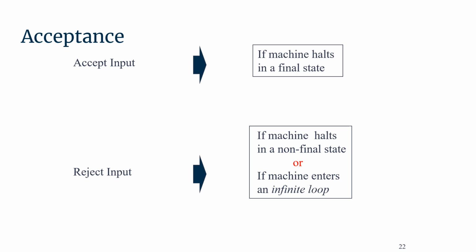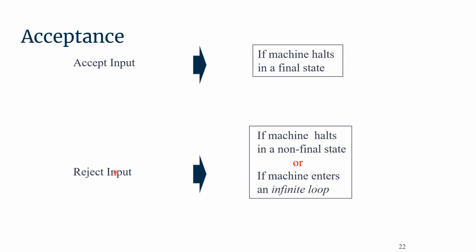Here we are reading about acceptance of input. Which types of inputs are accepted? We have already discussed in the previous slide that whenever a machine has acceptance, there is a final state where the machine can halt. So if the machine halts in a final state, the string is accepted.